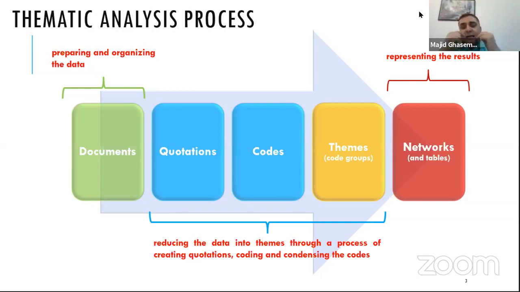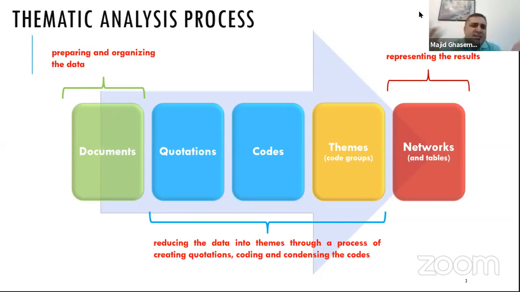And the most important advantage of using the software is that you can visualize all of your research findings. So whatever quotations or codes that you have identified within your data, you will be able to use networks, which is one of the important and amazing features of Atlas TI, and then visualize your findings. Because qualitative data is just text, videos, and audios.